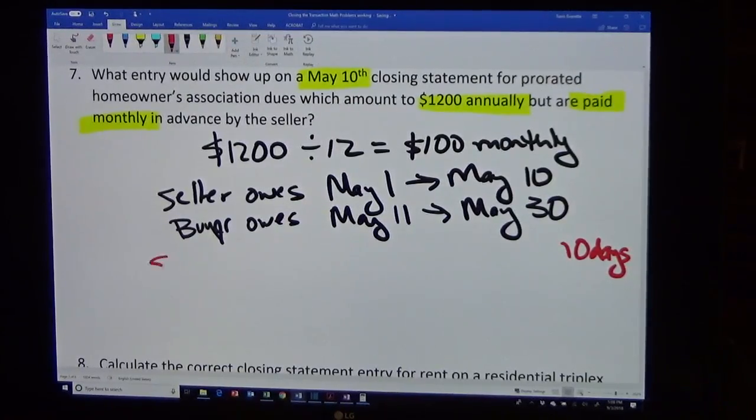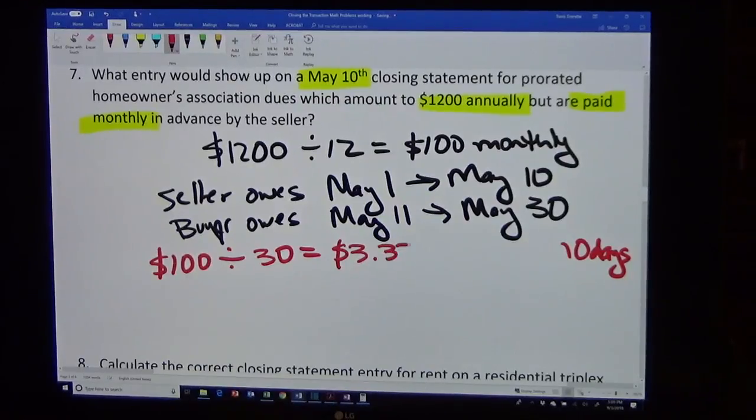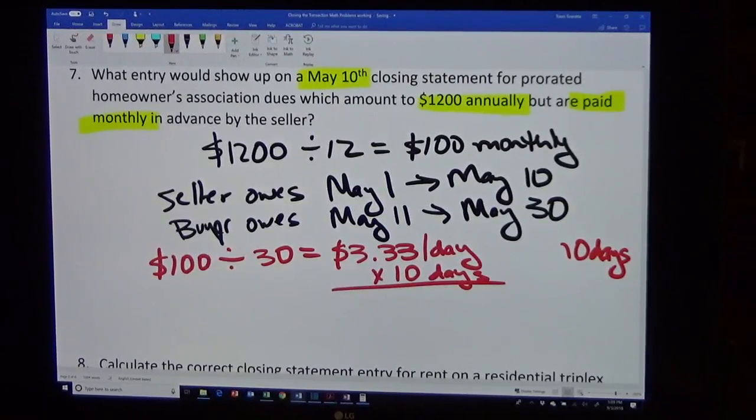Well, we can take that $100 a month and divide it by 30, or we could take $1,200 annually and divide by 360. It's going to be the same thing, and that's $3.33 a day. Times 10 days that the seller owes for is $33.33.